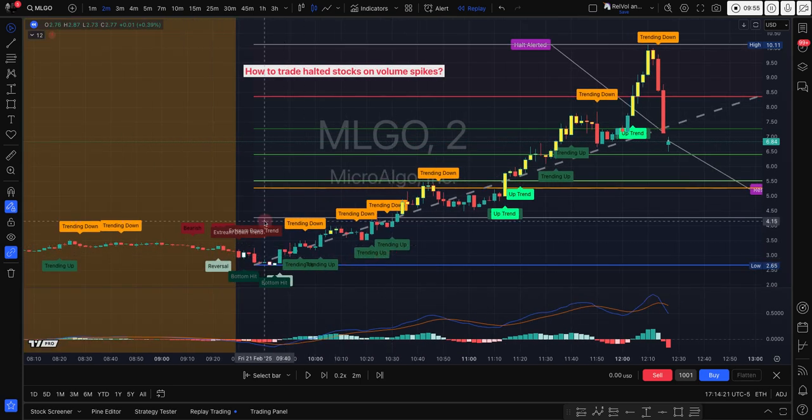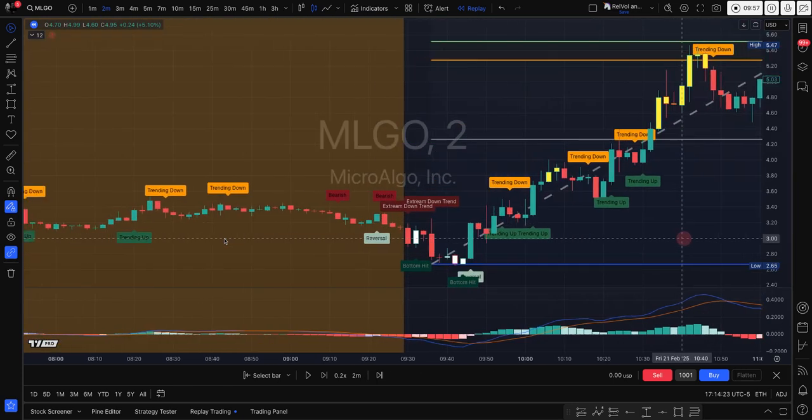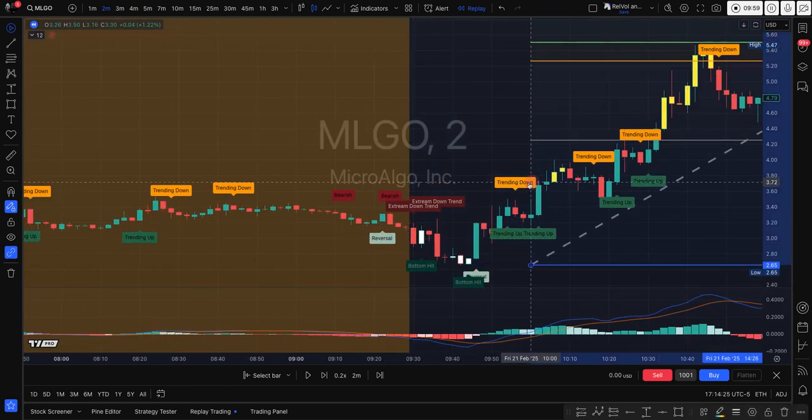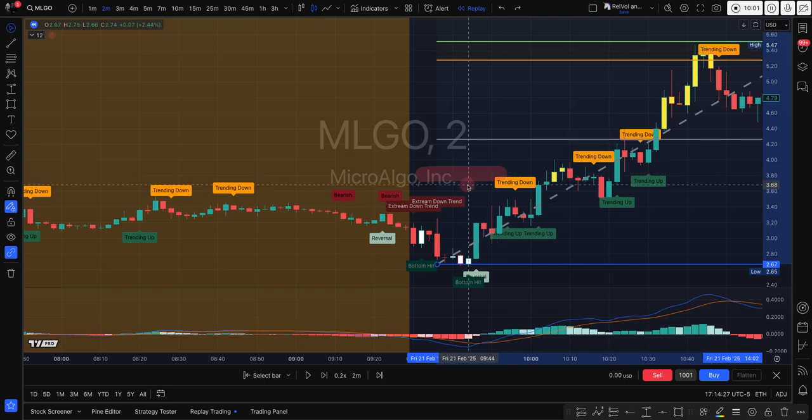And if you see white candles, these basically mean very bearish in that area, and then if followed by a bottom hit or reversal after a couple of white candles, that represents that it is probably going to reverse.